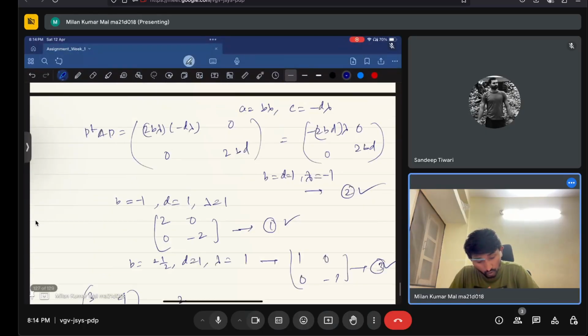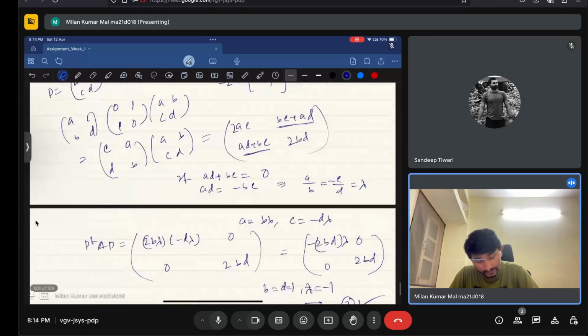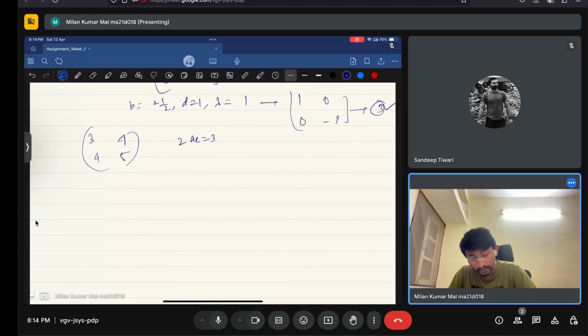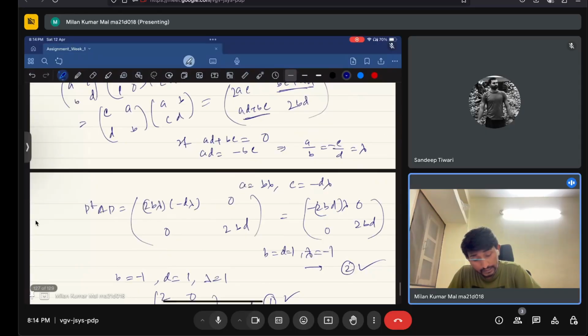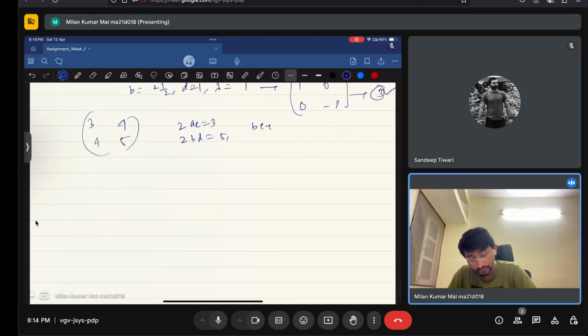2AC equals 3, 2BD equals 5, and BC plus AD equals 4, right?